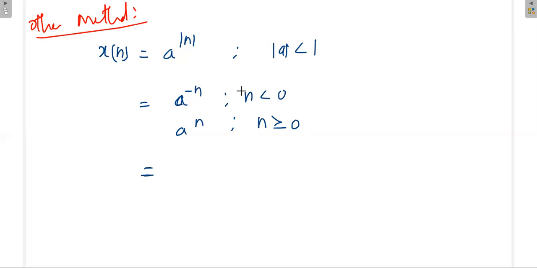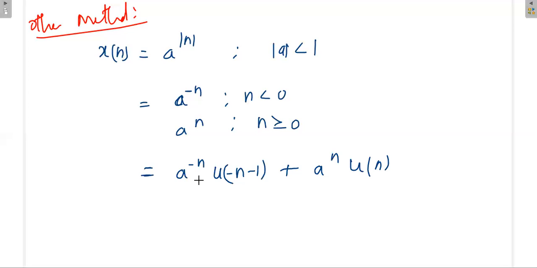The first statement I can write as A power minus n u of minus n minus 1, because this is true only when n is less than 0. The second term is true only when n is greater than 0, so I can write it as A power n u of n.